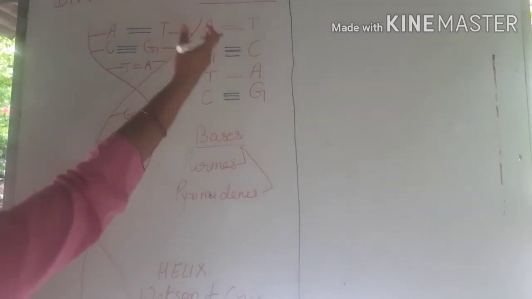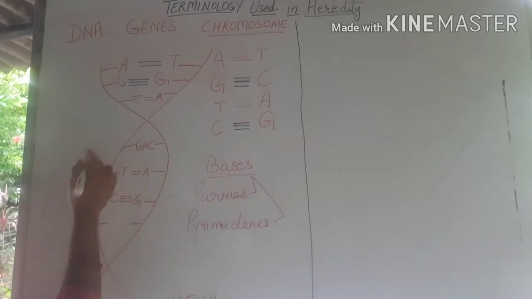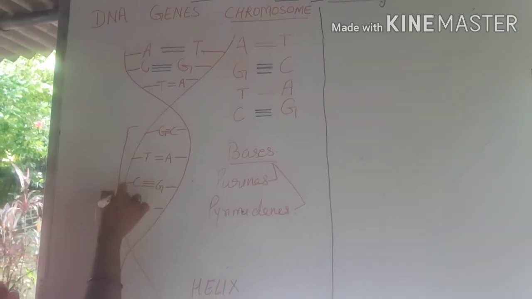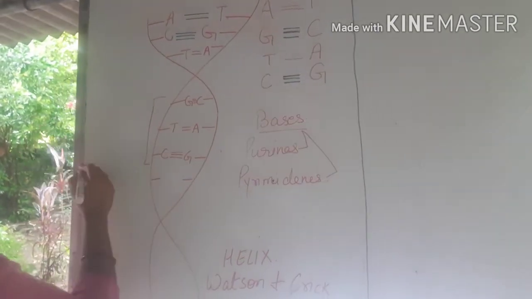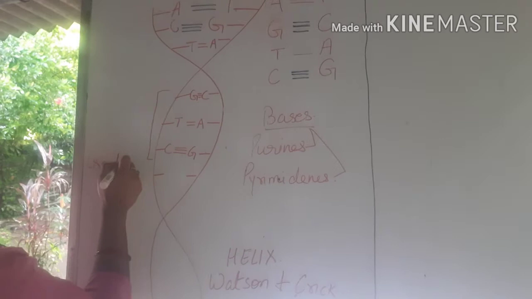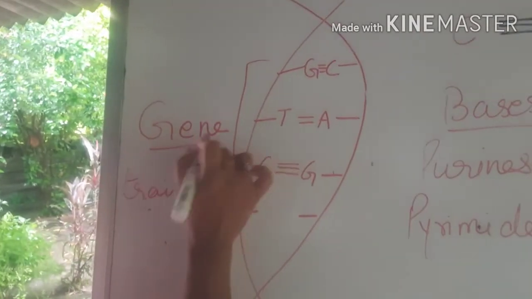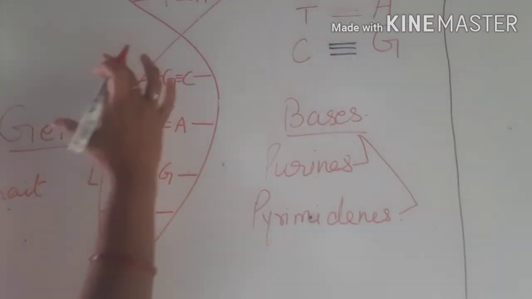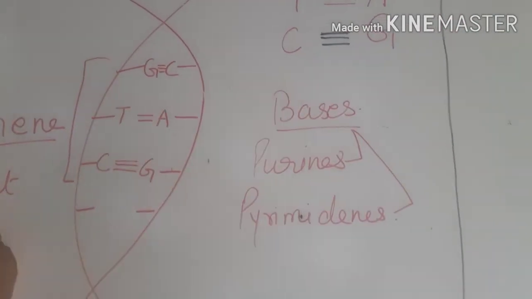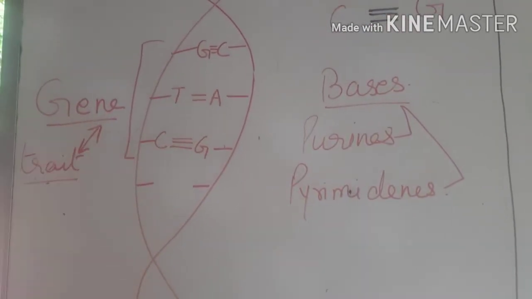The chromosome is made up of this DNA, and if some section of this DNA, suppose this much section, is coding for a certain trait, this is called a gene. So a small part of the DNA denoting a certain trait is called a gene.